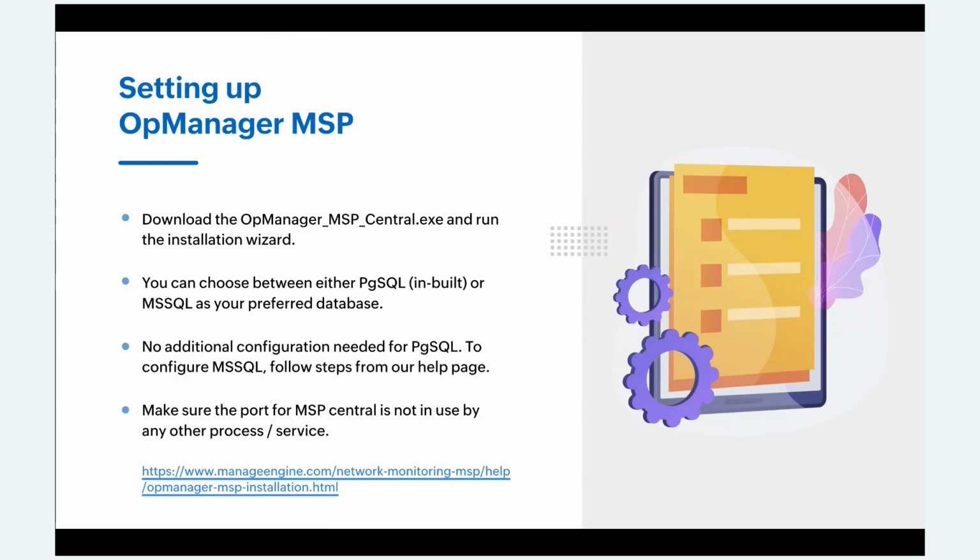Provide your location, and as discussed a few slides back, you can choose either PG-SQL or MS-SQL as your preferred database. No additional configuration is needed for PG-SQL, whereas to configure MS-SQL, follow the steps provided in our help page and ensure the port for MSP Central is not in use by any other process or service.